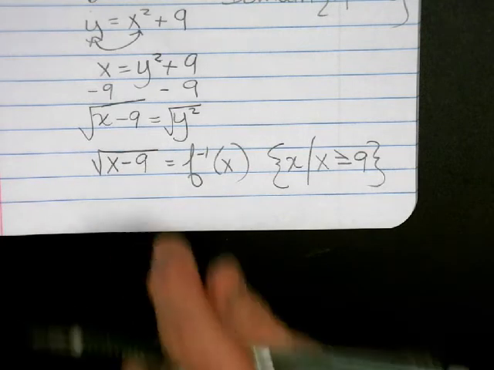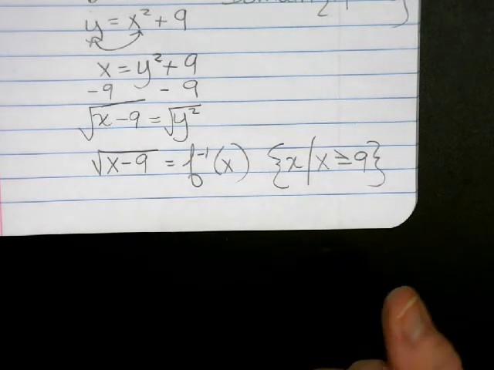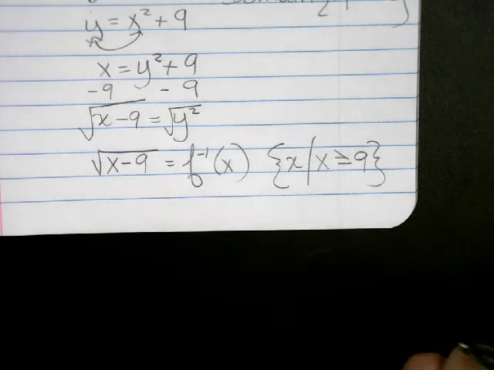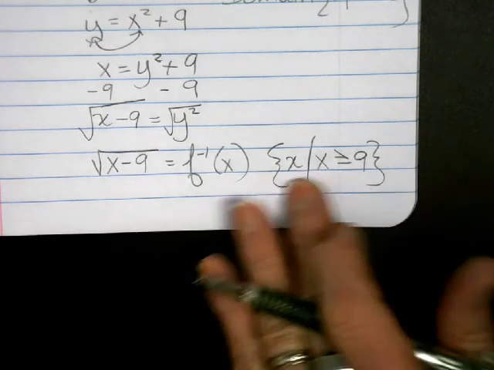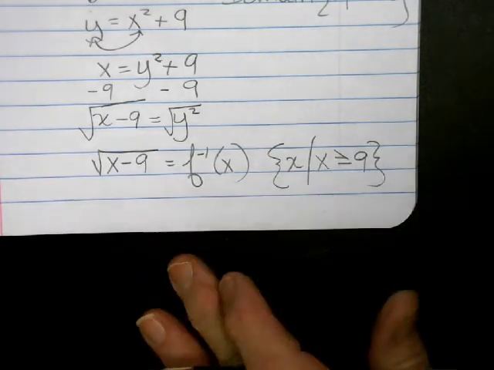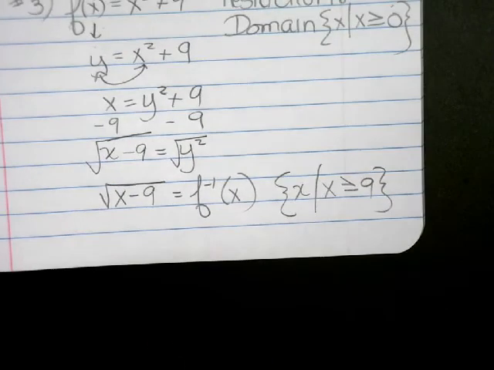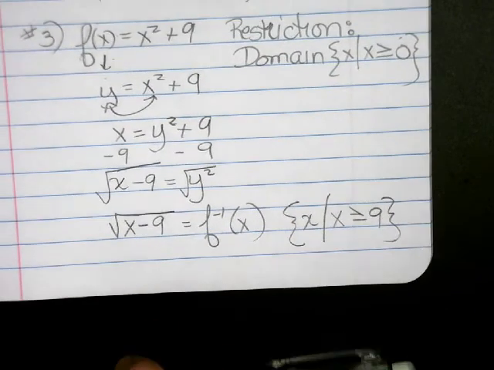But anything smaller than 9, 9.000000001, I have myself a negative under the radical. It's not graphable. This would not be a function because you'd have more than one x that belonged to a y. So here we go.